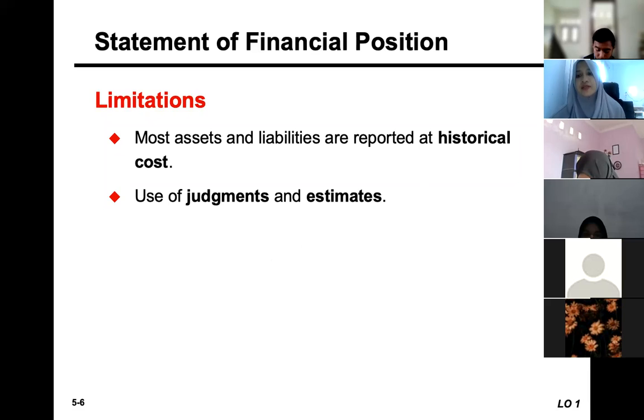So those are historical costs. If the company doesn't choose to use the fair value, then the information about the value of the assets or liabilities will be reflected based on historical costs, which can lack usefulness for the users to understand the updated or current financial position of the company, because the information is all historical based.